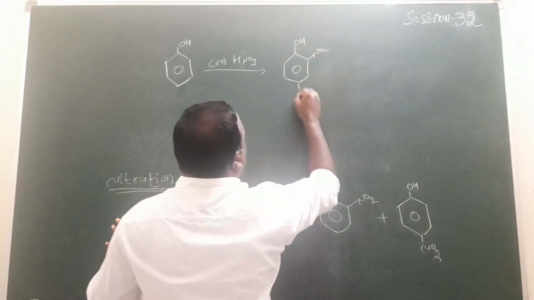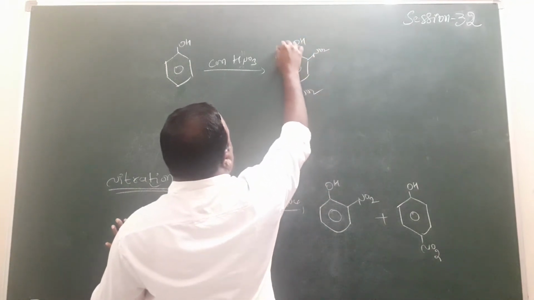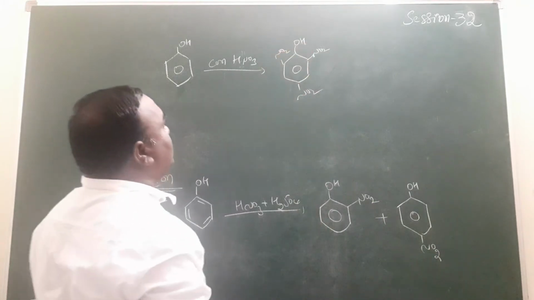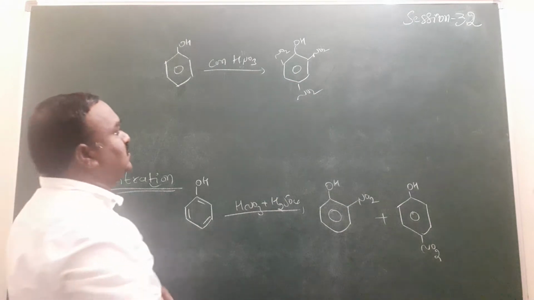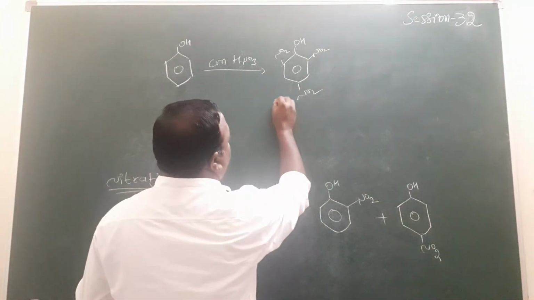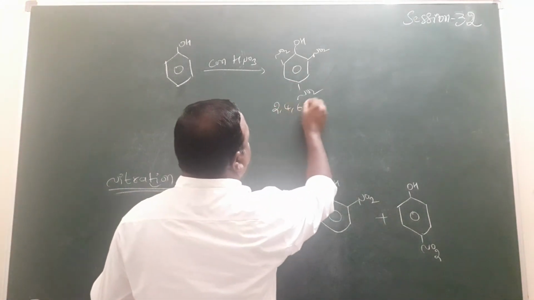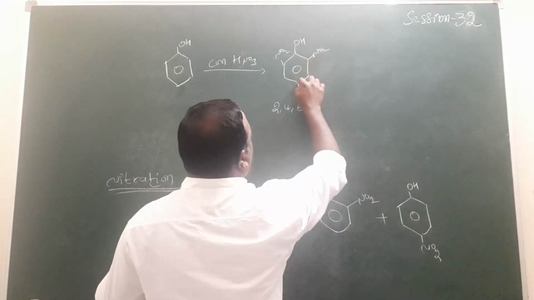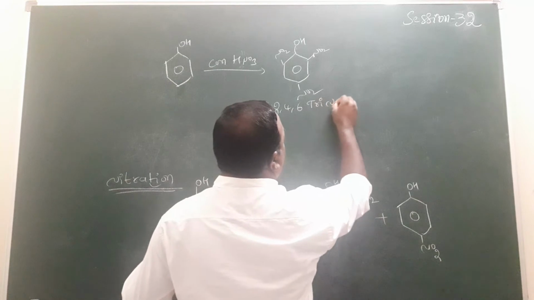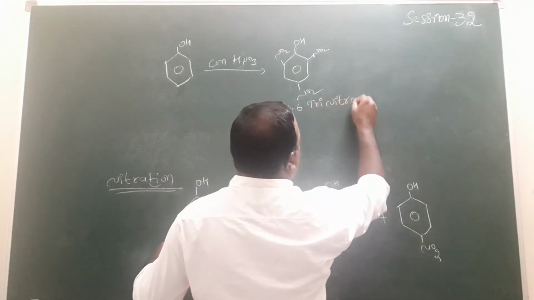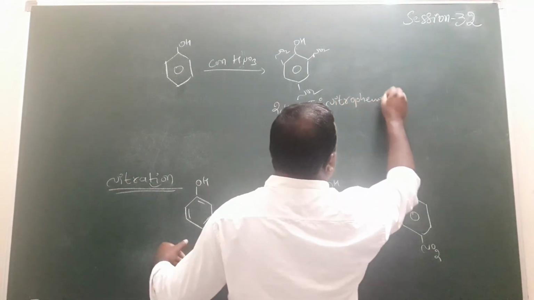Here NO2 group, again NO2 group, again NO2 group. Trinitrophenol is generally called picric acid. So 2,4,6-trinitrophenol, numbering 1, 2, 3, 4, 5, 6. Trinitrophenol is formed here.